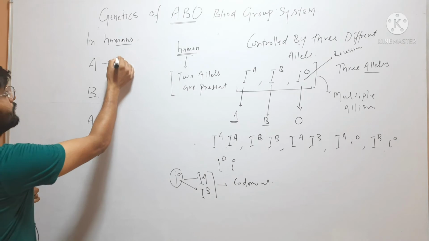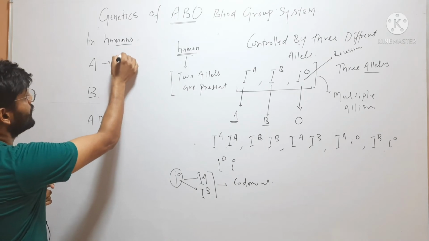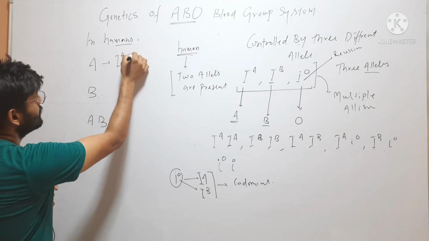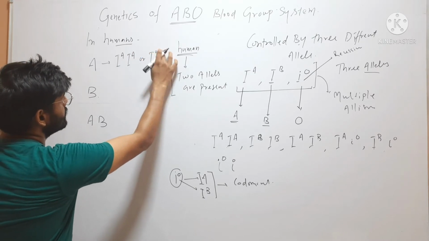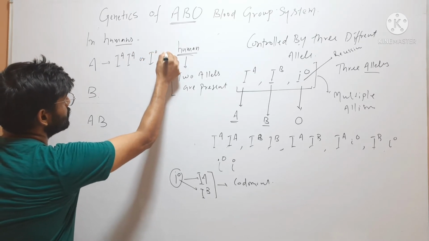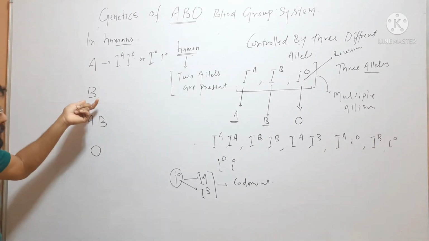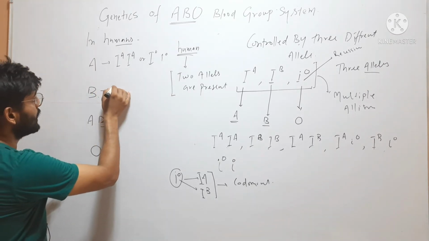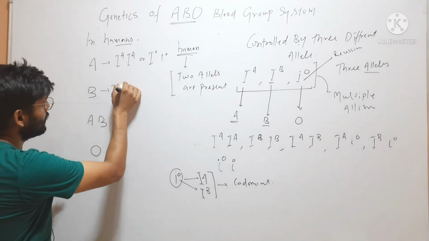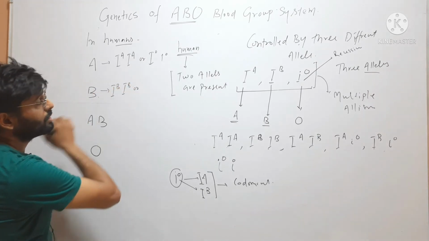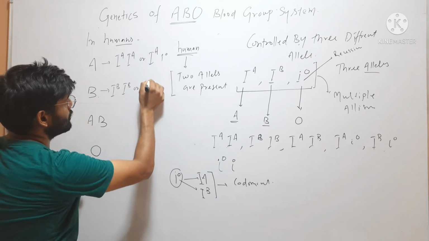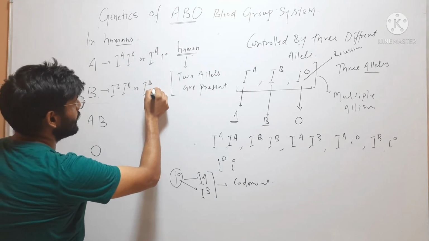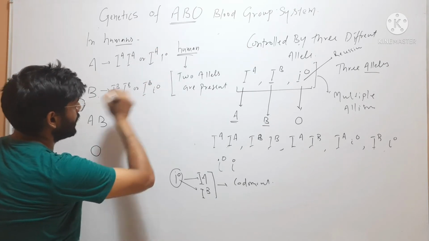So a person with blood group A has genotype either IA IA or IA and small i naught. A person with blood group B has genotype IB IB, or IB and small i naught.